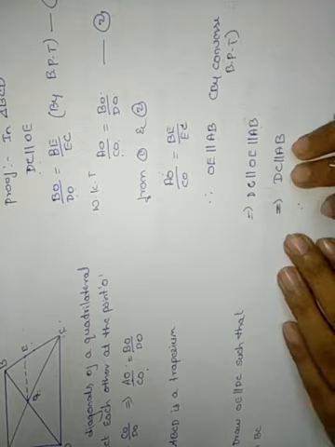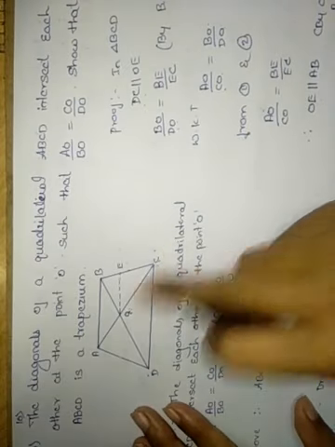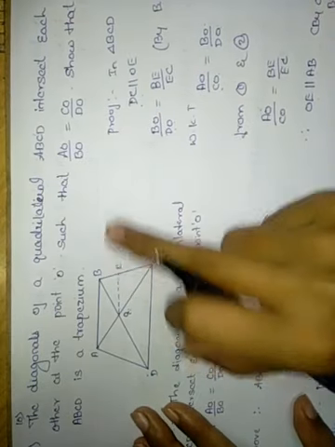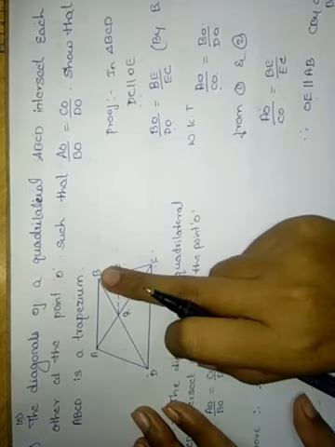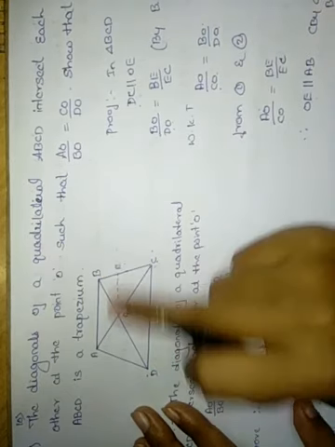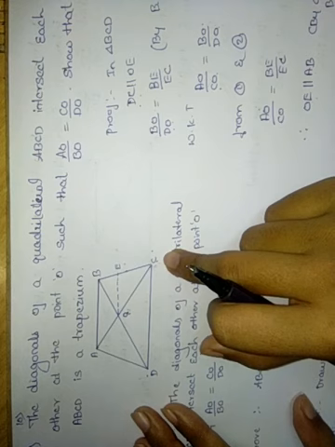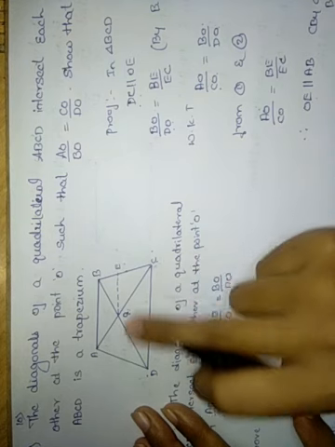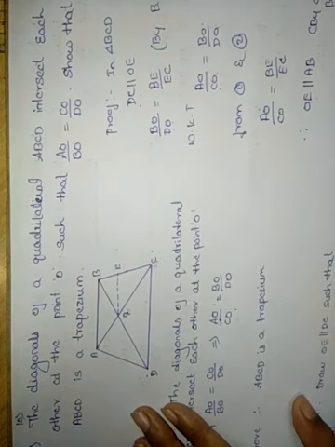Therefore, if DC is parallel to AB, as I told, I will prove that DC is parallel to AB or AB is parallel to DC. Yes or no? If DC is parallel to AB, or AB is parallel to DC, automatically the given quadrilateral will be a trapezium, yes or no? Yes, it will be a trapezium.